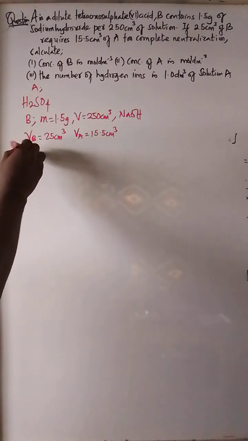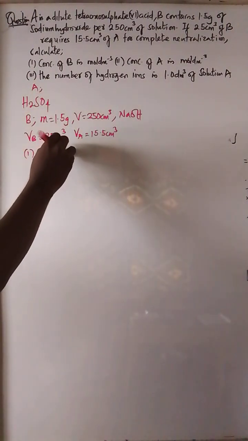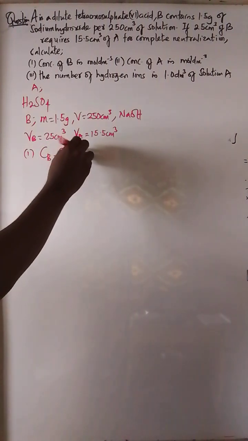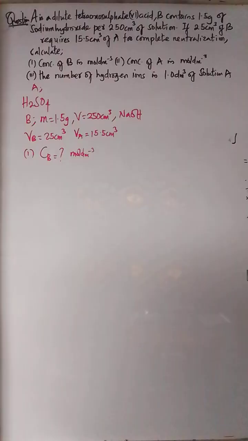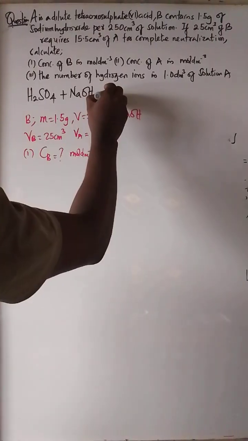Calculate, one, the concentration of B in mole per dm cube. Once you get B in mole per dm cube, that's the molar concentration. First, let us write a balanced chemical equation for the reaction. So what are you going to get here?